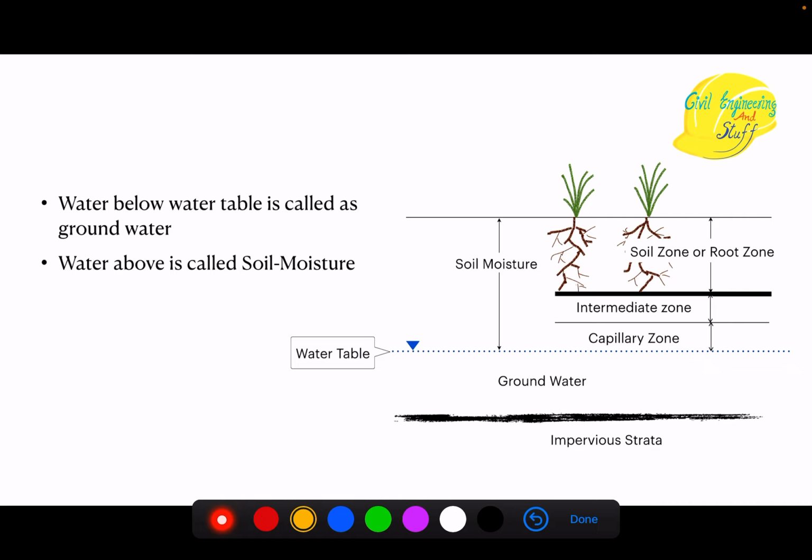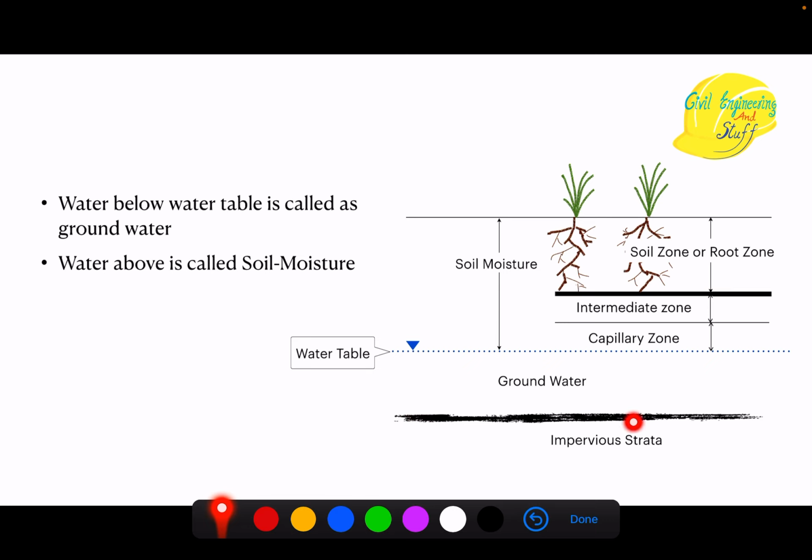So we all know that the soil resides over an impervious strata. Over an impervious strata, there is a depth of soil available. Now, the water below the water table is called the groundwater.